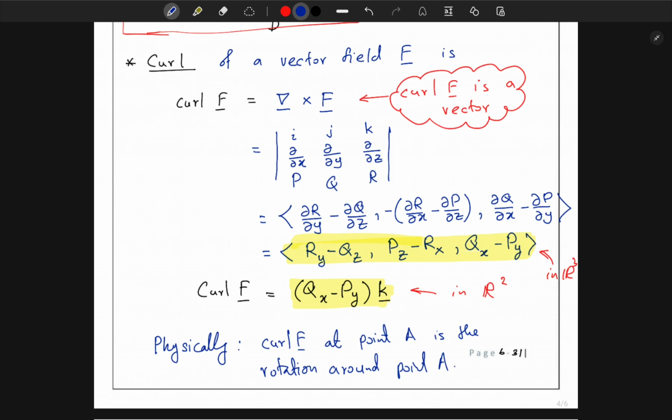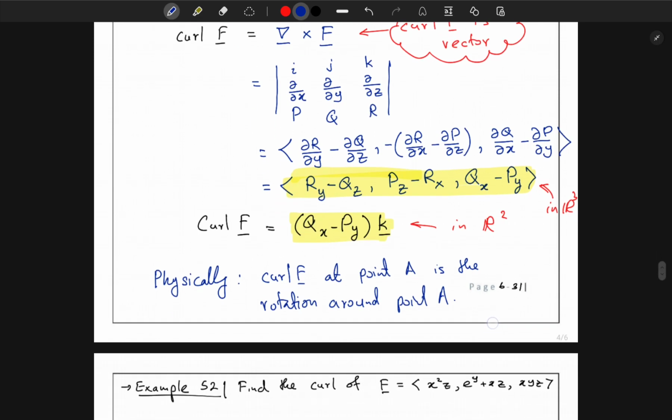For instance, think about gravity. If you take a particle in space, the forces around it balance out so that it will never rotate. So the curl is 0. That is the idea.